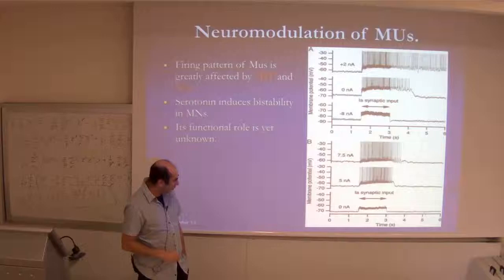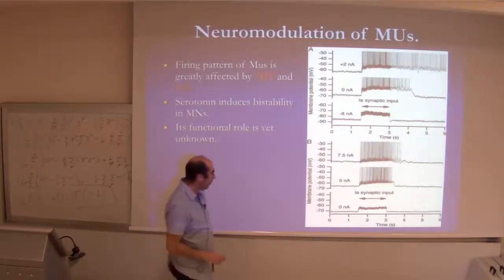And you see that the neuron's resting membrane potential is around -70, and if you're not doing anything and you activate the synapses, there is some depolarization, and it just lasts for some time.